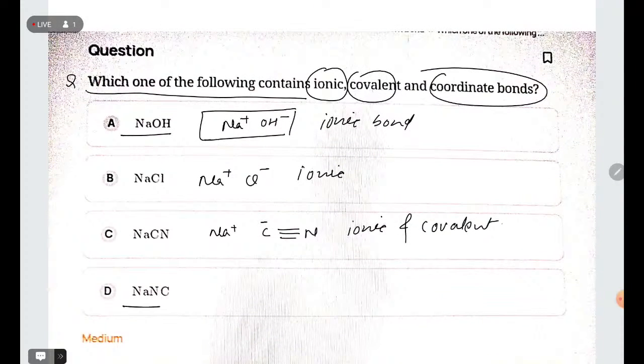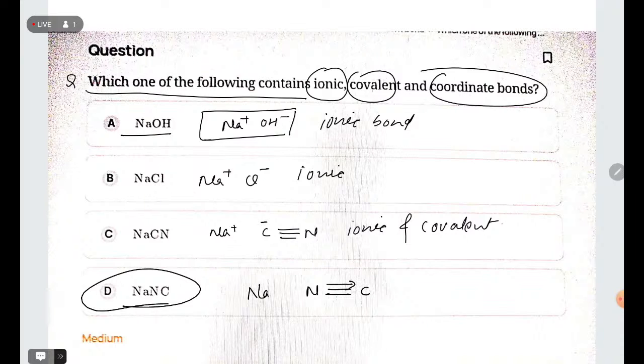Now see student, NaCN. You can take out the sodium; one electron is going to be transferred to the N atom, and here is C. So here a double bond with C is there.